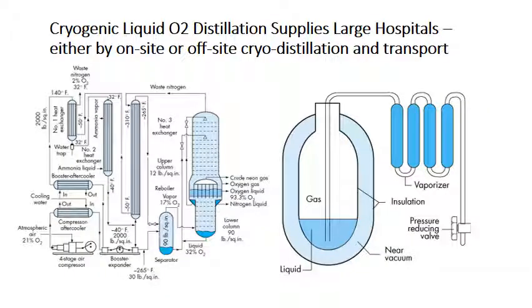One alternative to oxygen concentrators is either on-site or off-site cryogenic liquid oxygen distillation plants. These can be very expensive. Many times hospitals will depend upon tanker trucks delivering liquid O2 and keeping the liquid O2 in a cryogenic facility rather than distilling it themselves.